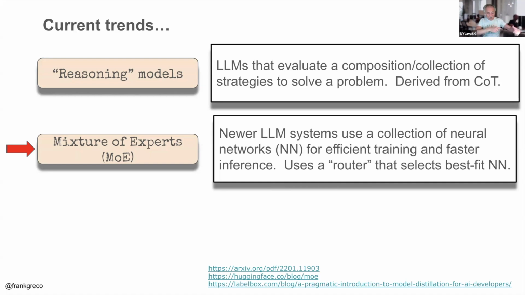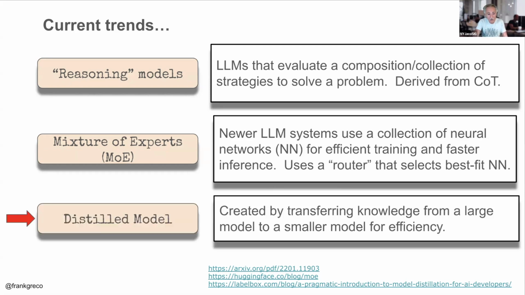And I'm going to route the query in the prompt to that particular neural network, or part of this prompt to that neural network. So a mixture of experts is like a collection of neural networks. So that's another trend.